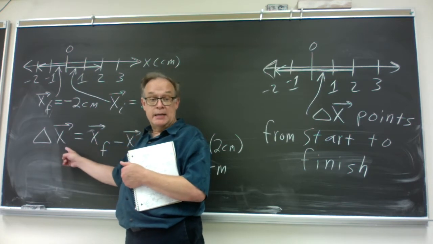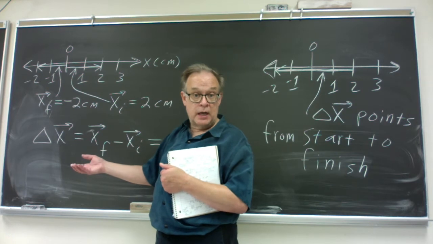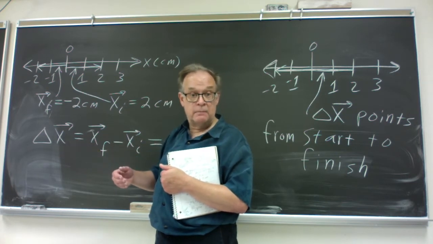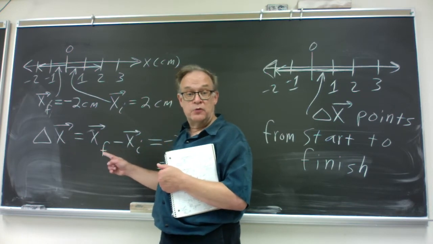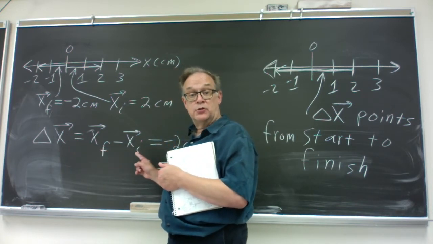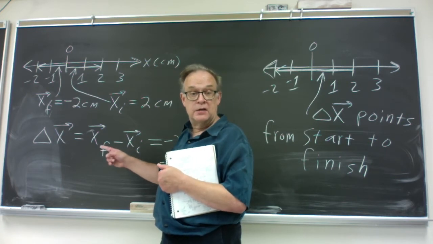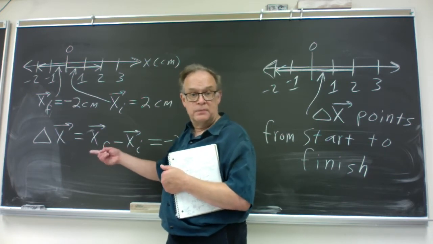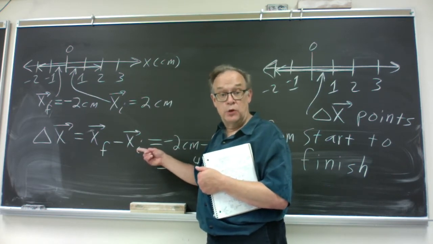Delta anything always refers to a change that happens over some period of time. And delta anything is always the final value minus the initial value of that thing. That is, the final value at the end of the time when you're watching minus the initial value at the beginning of the time when you're watching.